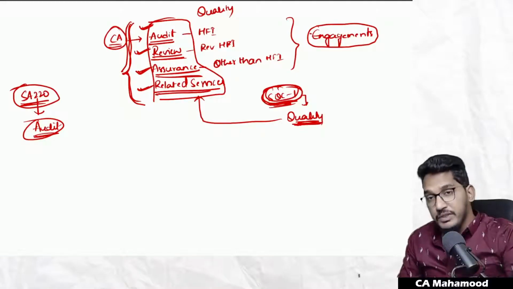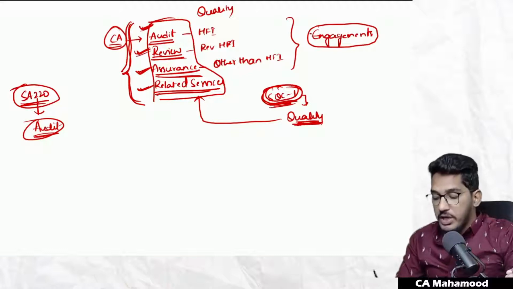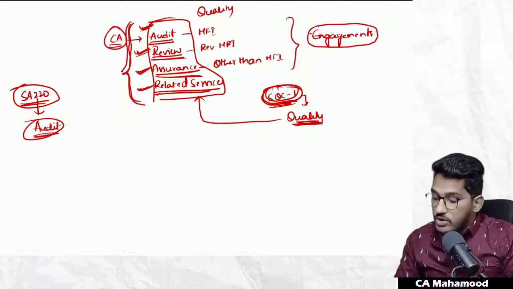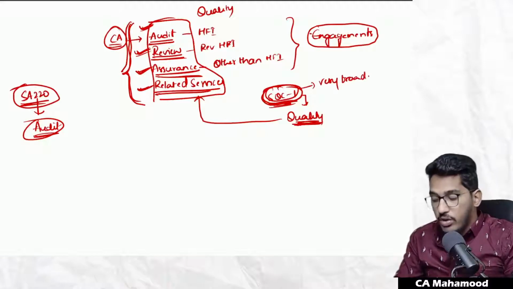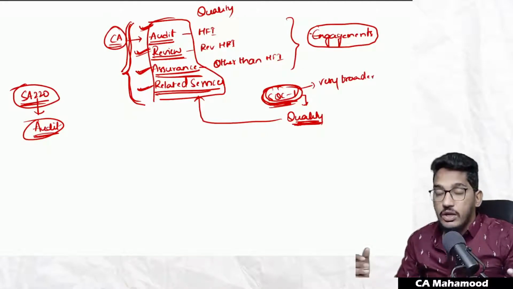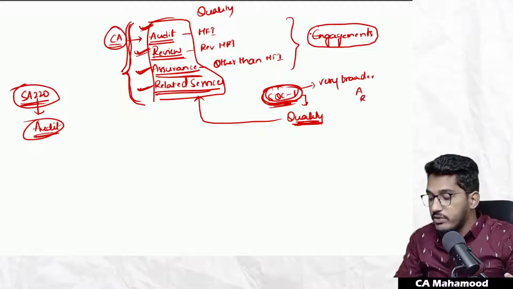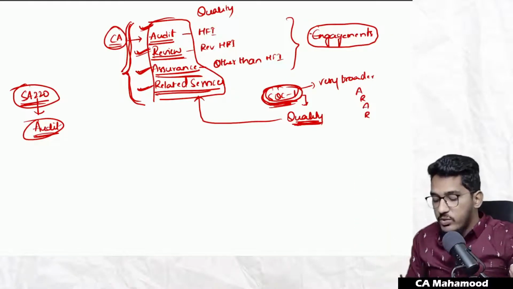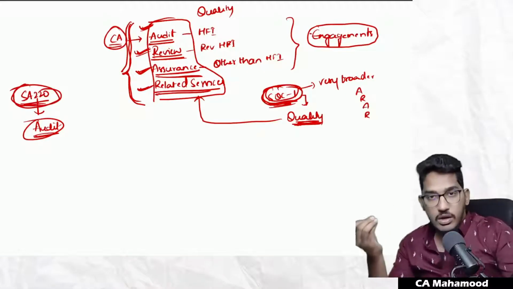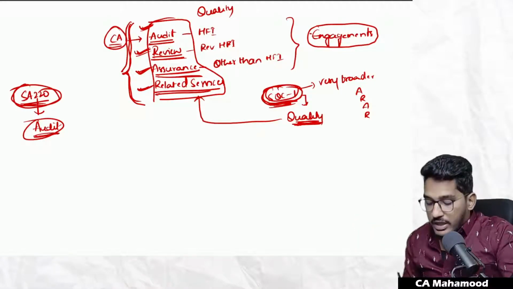But SQC1 will talk about how you can maintain quality in audit, review, assurance, and related services. So SQC1 is very broad. It talks about how to maintain quality in audit, review, assurance, and related services, whereas the scope of SA 220 is smaller.